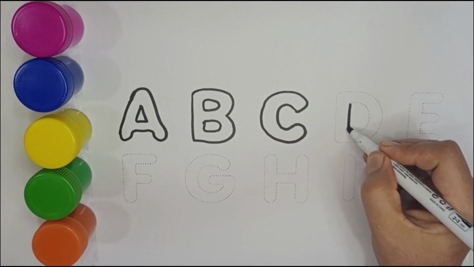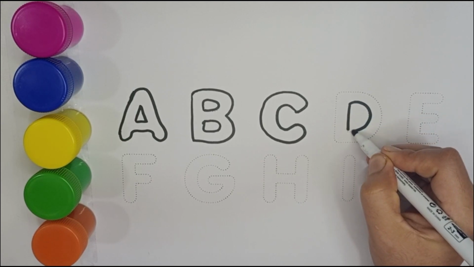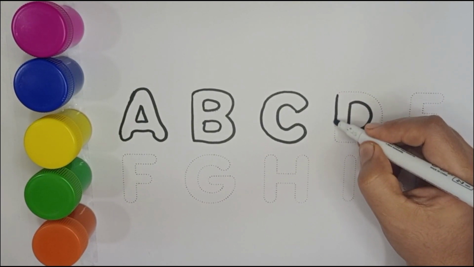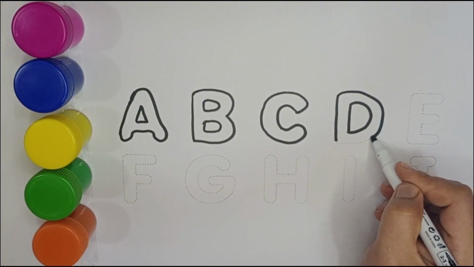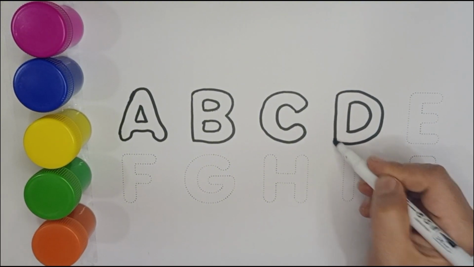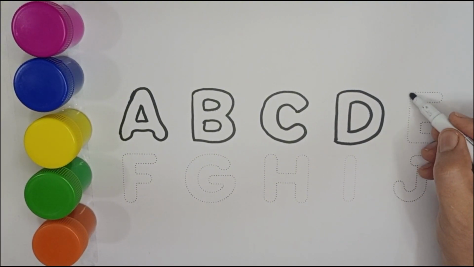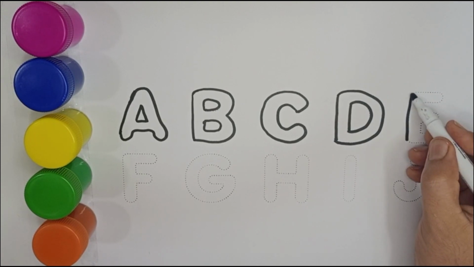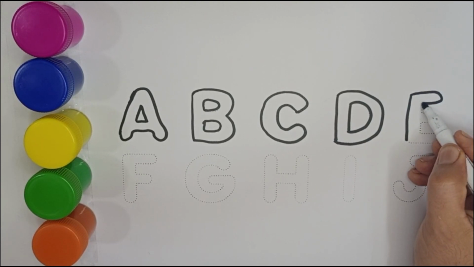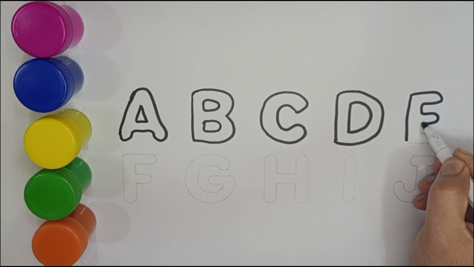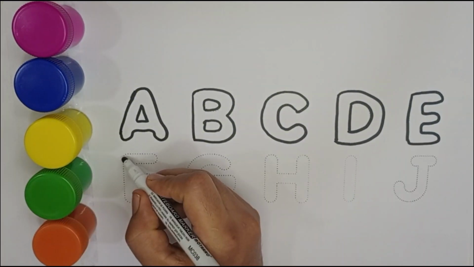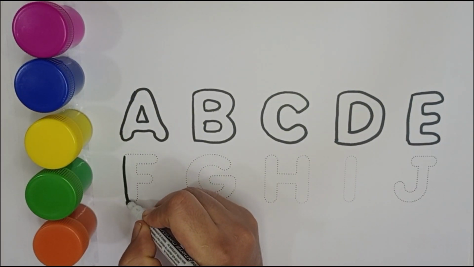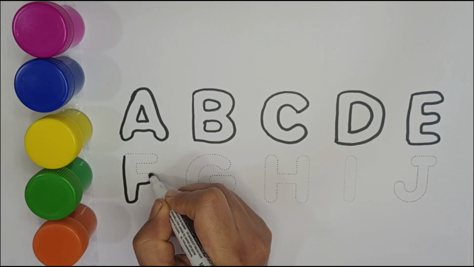D. D is for donkey. E. E is for elephant. F. F is for fish.